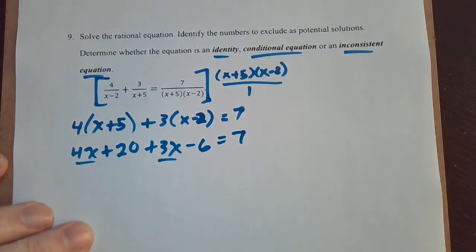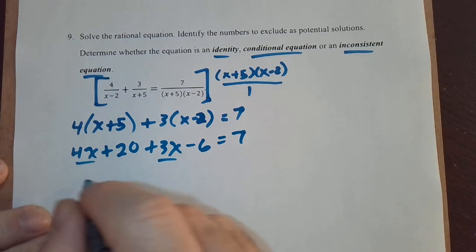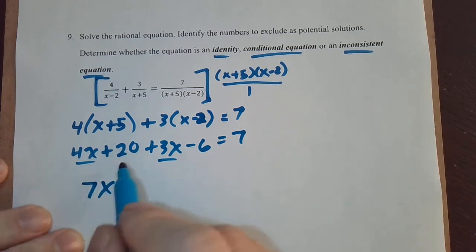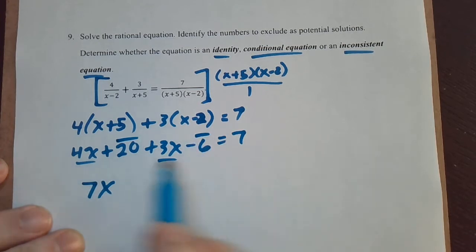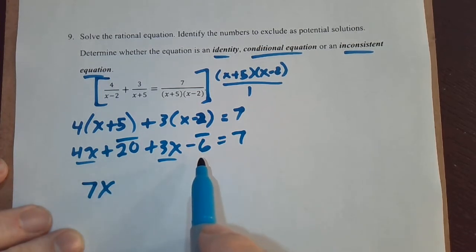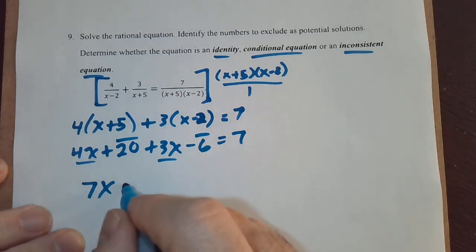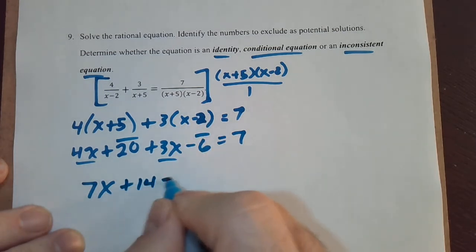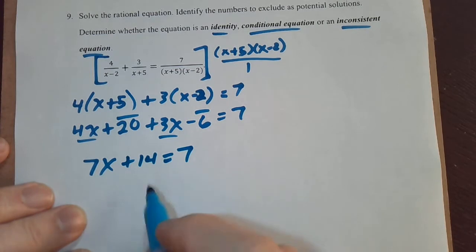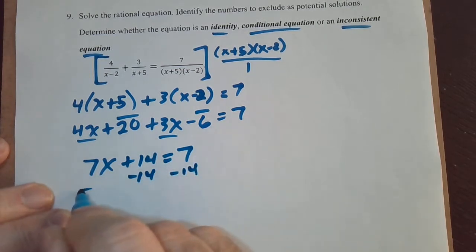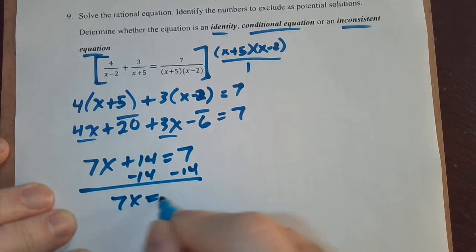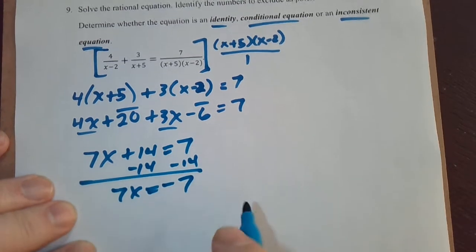So if we combine those like terms, we get a 7x on the left. And if we combine the 20 and the negative 6, 20 minus 6 is 14, equals 7. Subtract 14 from both sides, giving us 7x equals negative 7.